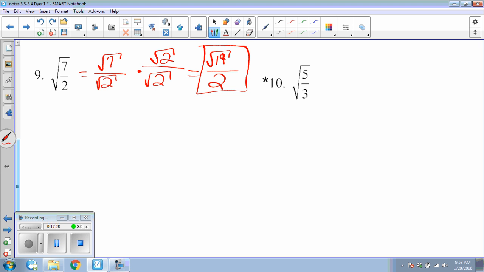Square root of 14 divided by 2, if you put that in your calculator, that will be exactly the same thing as square root of 7 over 2. These two things better be equal. If they're not, you did something wrong. So that's called rationalizing the denominator.